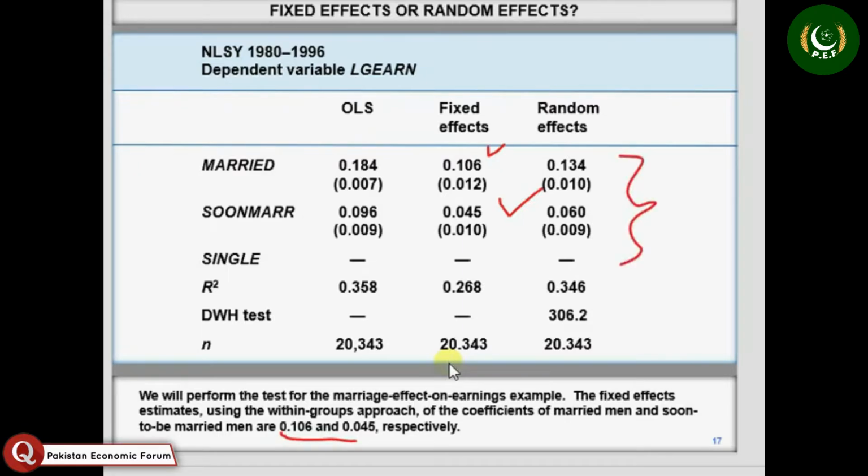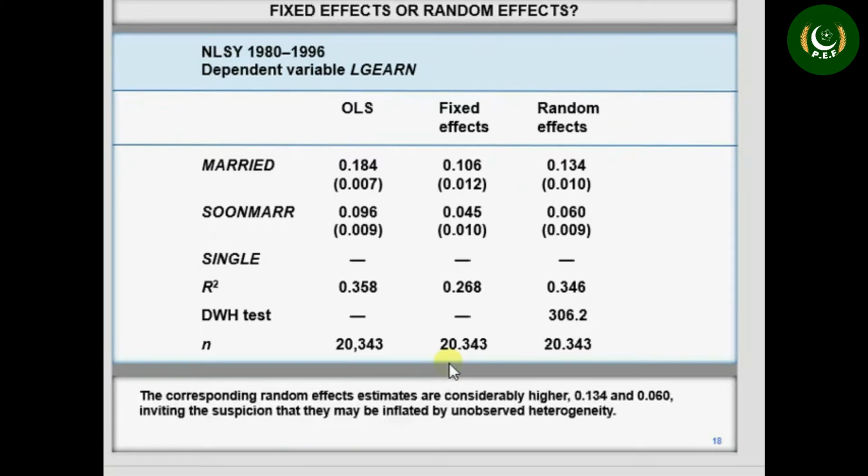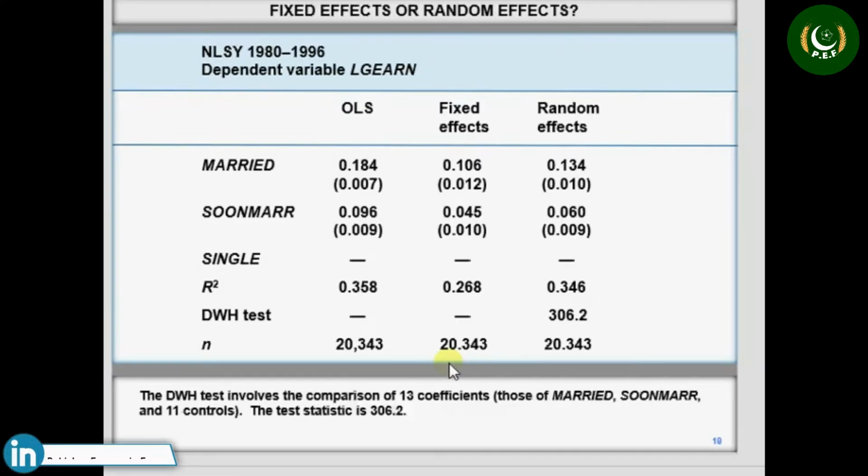Here this model has slightly inflated numbers that may create a suspicion that there is some unobserved heterogeneity. Unobserved heterogeneity means some variables should be part of the model, whose effect is captured by this one.